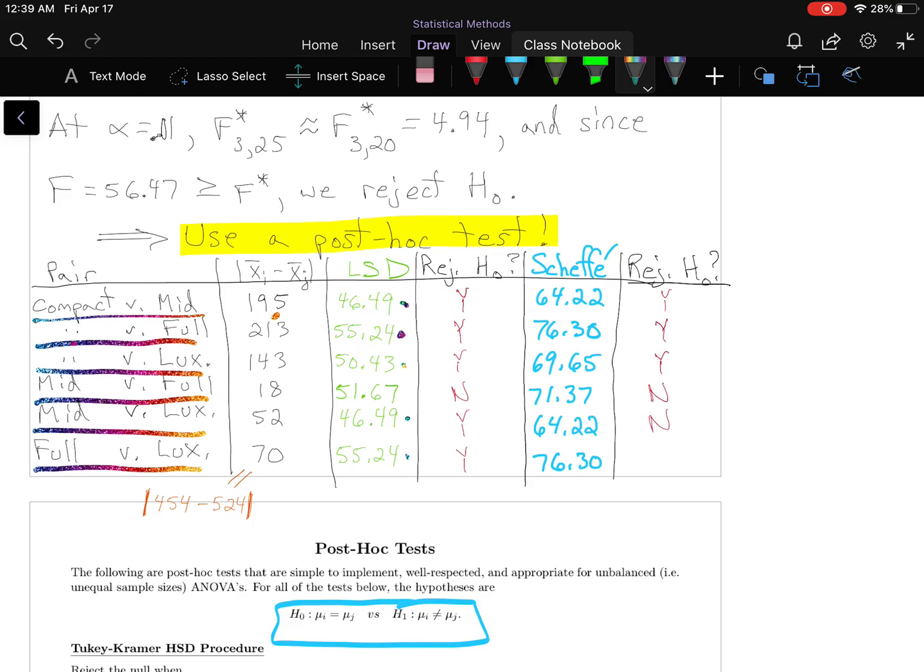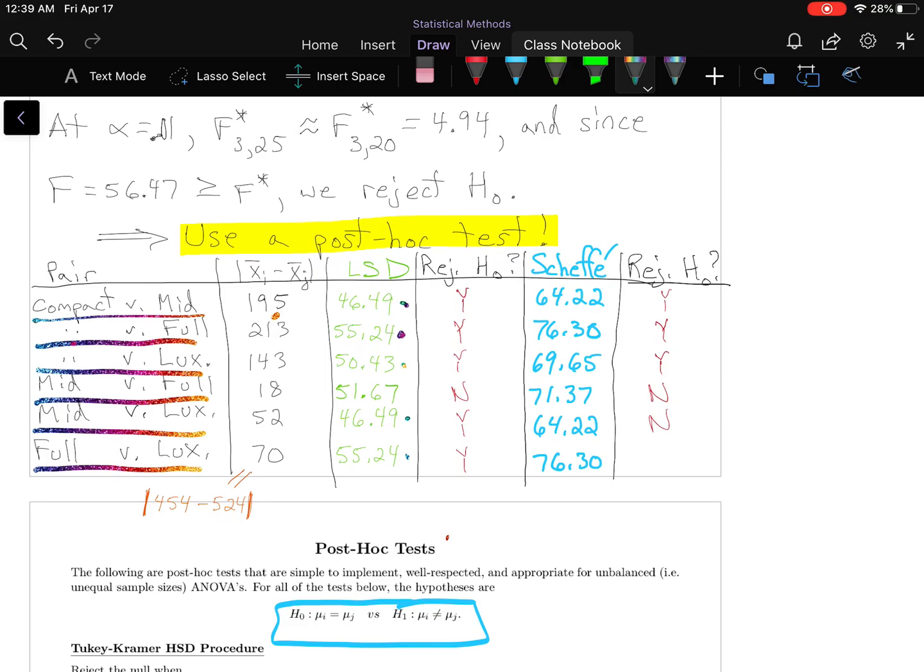We can also say that that pressure is significantly different between full and luxury vehicles. We could say that it's significantly different between mid and luxury, but not mid and full. And so that's how you can interpret this post-hoc test result.